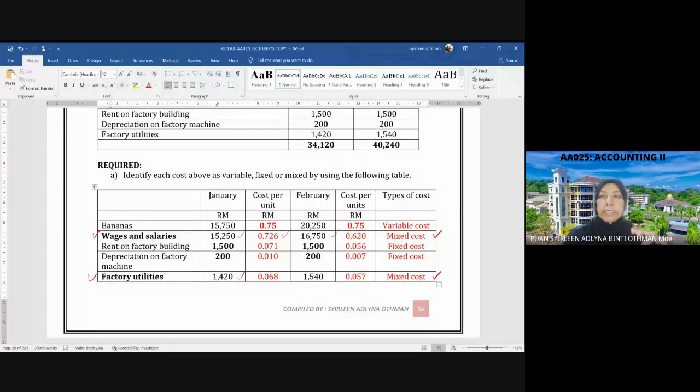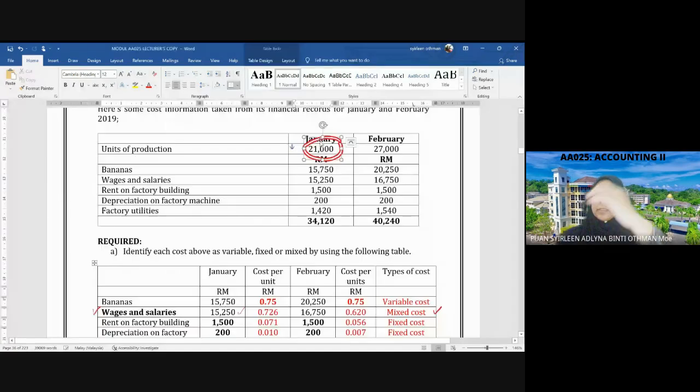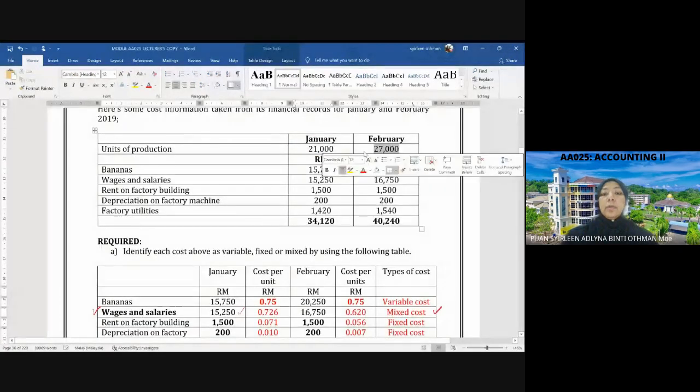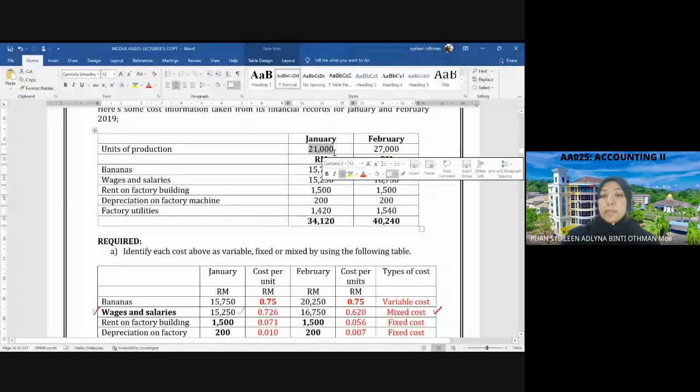So kalau dekat atas tadi kita guna high and low, di example tu pun kita guna high and low. Cuma bezanya untuk example 2, you only have 2 level of productions. So February 27, January is 21. So automatically lah, February will be your highest point, January will be your lowest point.